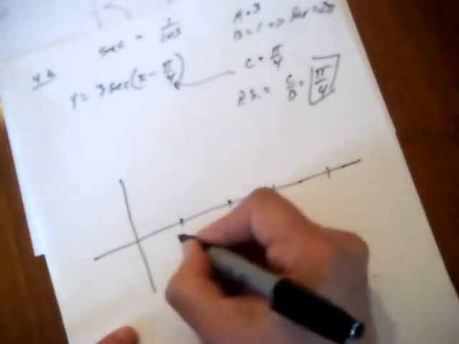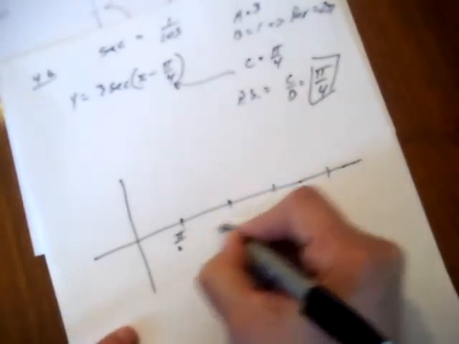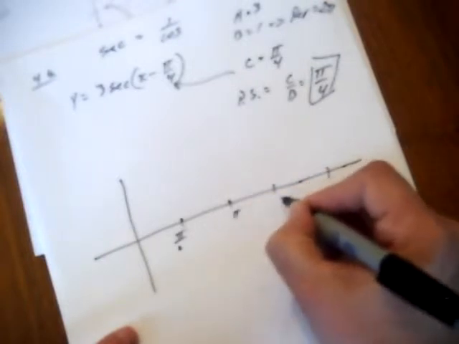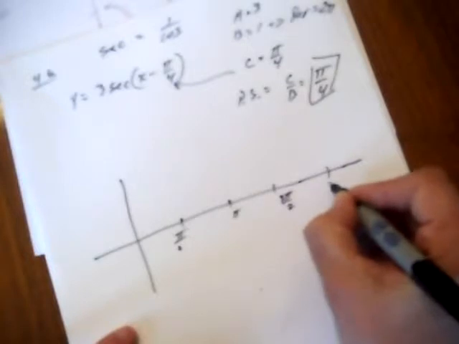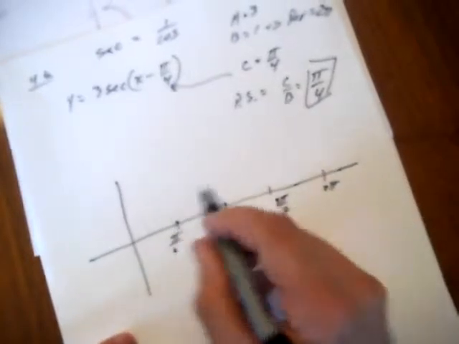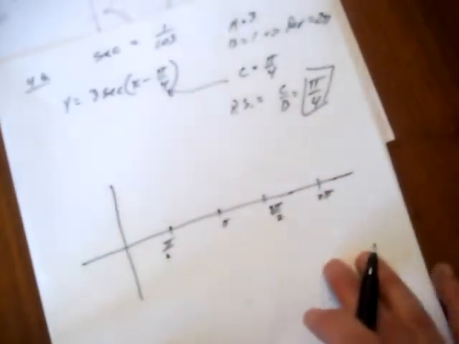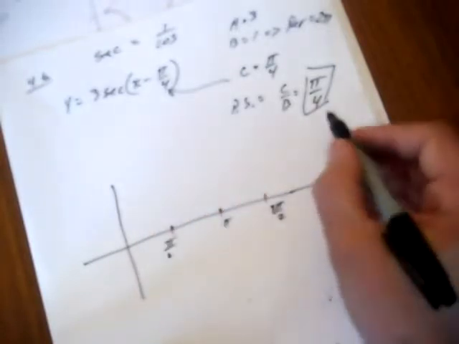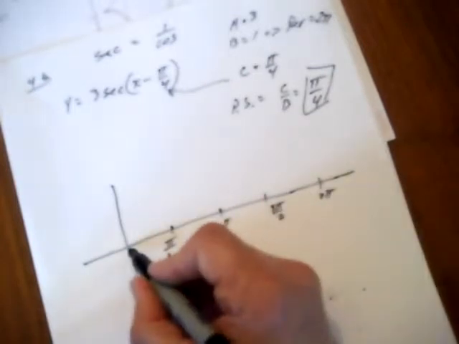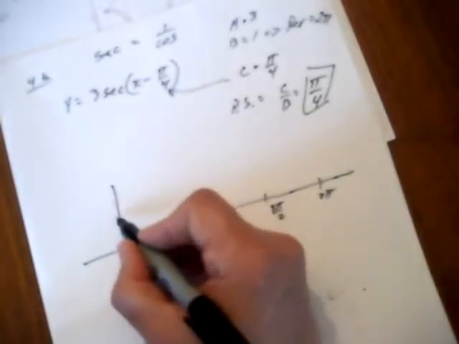So the phase shift is pi over 4. If I label this pi over 2, pi, 3 pi over 2, and this is 2 pi. This was the unshifted cosine markings, but my shift will be pi over 4.